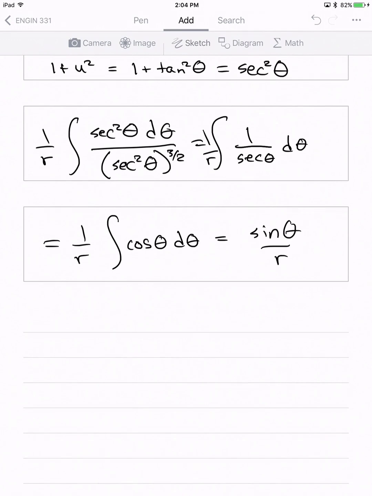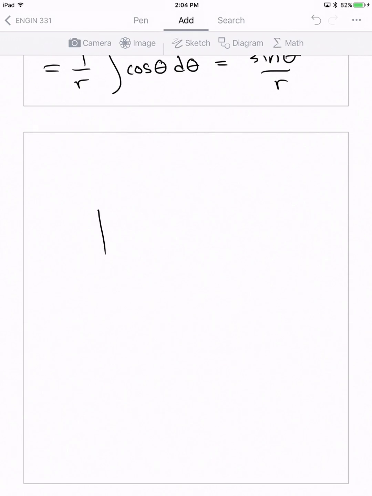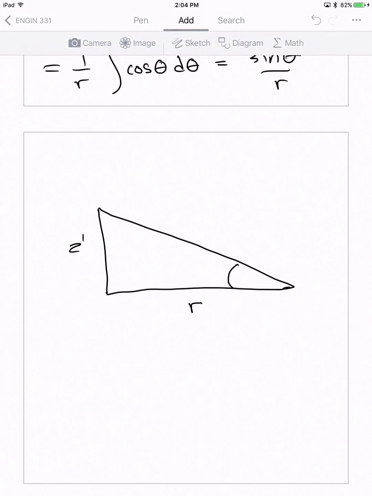Let's review what exactly sine theta is. We'll go back to that picture here. Here we have z prime, here we have r. This was theta because remember u is equal to z prime over r is equal to tangent theta.